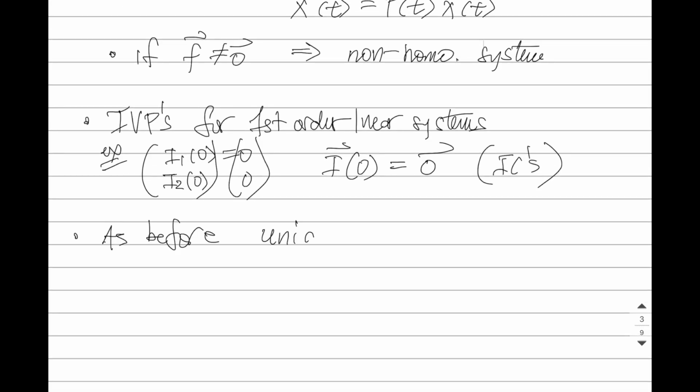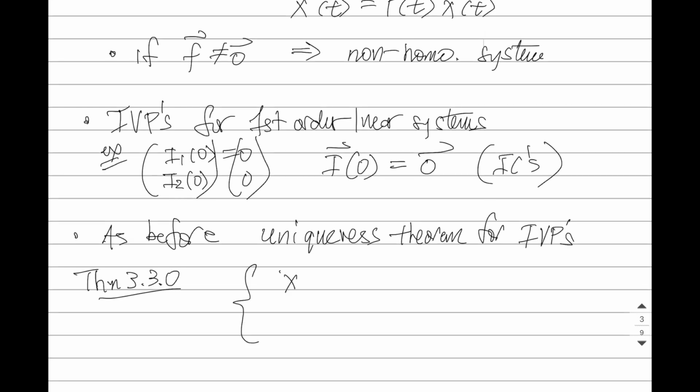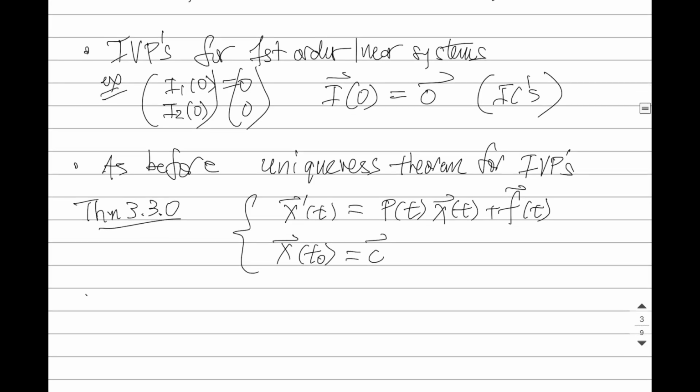We're not going to prove it, but as before, there's a uniqueness theorem for initial value problems in linear systems. If I give you some initial value problem formulated as a linear system, x of t here plus some function, and we have appropriate initial conditions, so we'll call this a vector of constants.